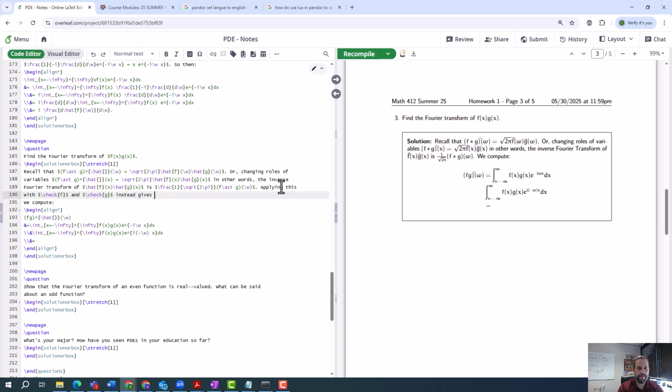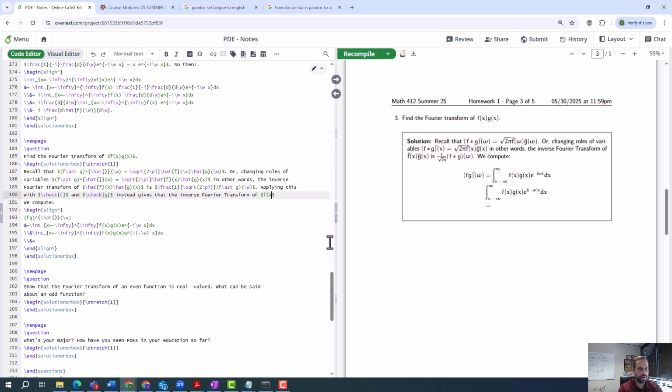This gives that the inverse Fourier transform of, so I'm just replacing that f with f check. So this is f check hat, which is just f, and this is g check hat, which is just g.